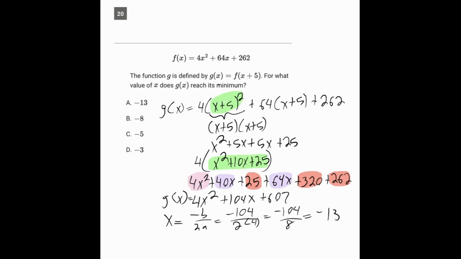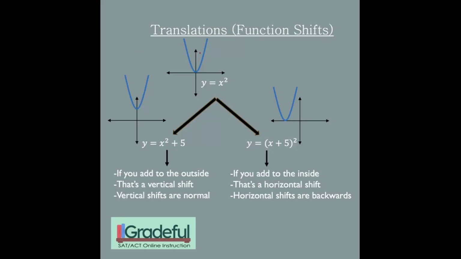Another way is to look at translations. To explain that, let's imagine we have a parabola at y equals x squared, just a regular parabola. If we add to the outside, that's a vertical shift, and those are normal. So plus 5 on the outside, that would be taking our parabola up 5. But if you add to the inside, that's a horizontal shift.